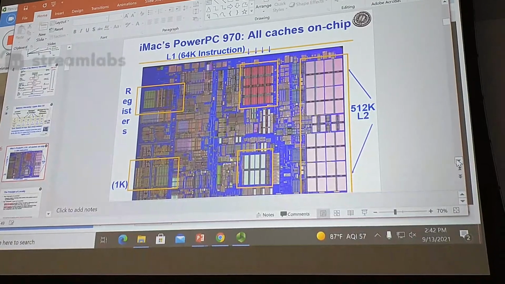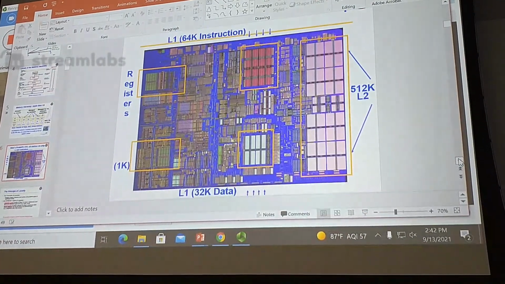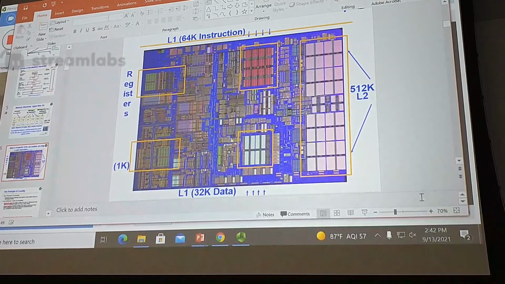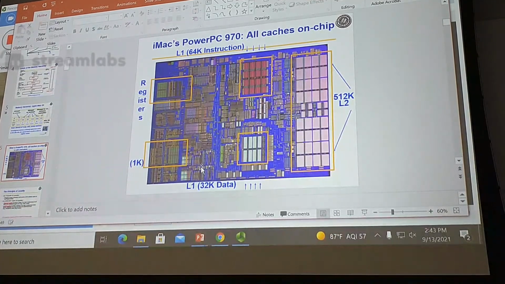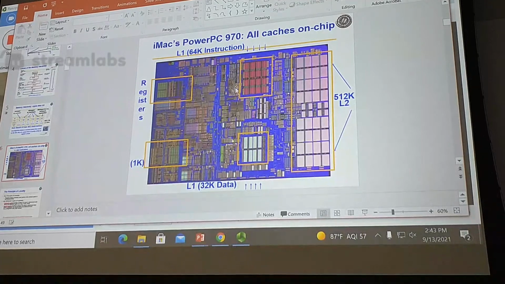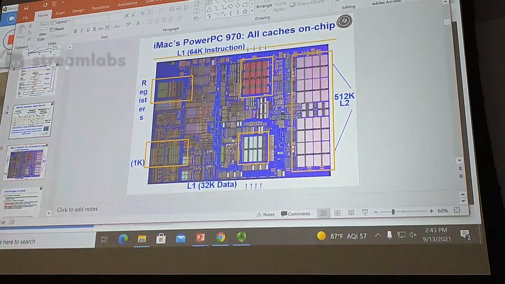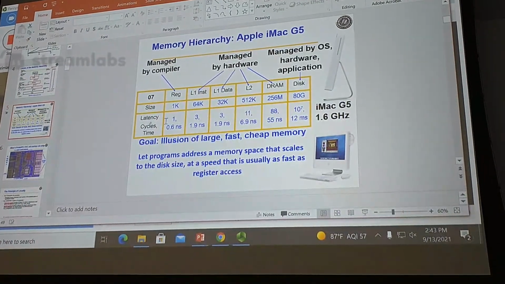And this is a die photo. Die photo means the VLSI transistor level layout for this cache memory, etc. So that's the chip we're talking about here.